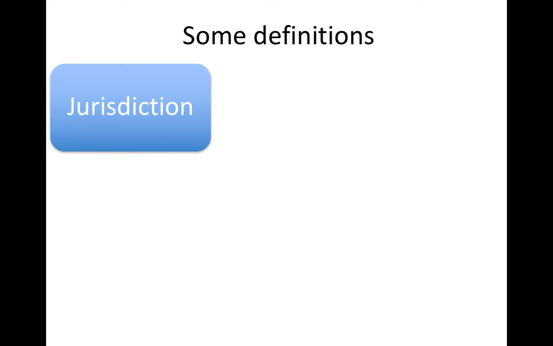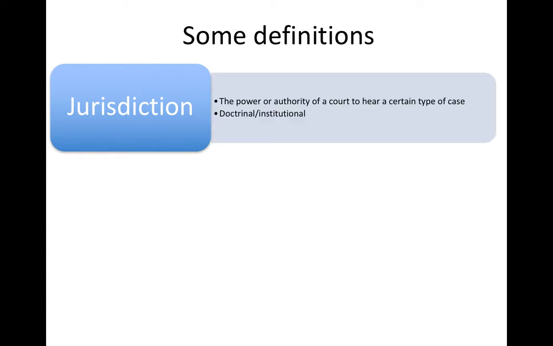Okay, so sticking with this idea that we need to get some definitions on the table. The first definition that I want to go through and make sure we all have the same understanding of is the concept of jurisdiction, which is the power or the authority of a court to hear a certain type of case. And this particular power that the court has can be considered either a doctrinal or an institutional constraint.